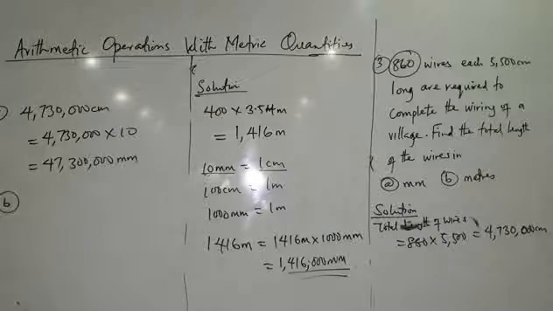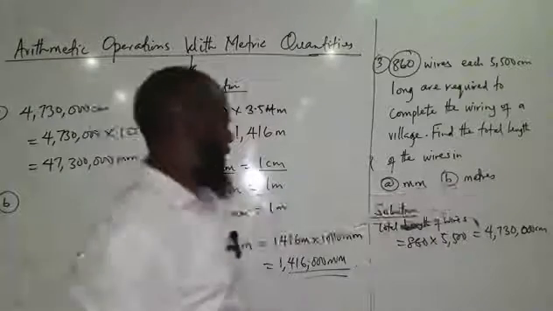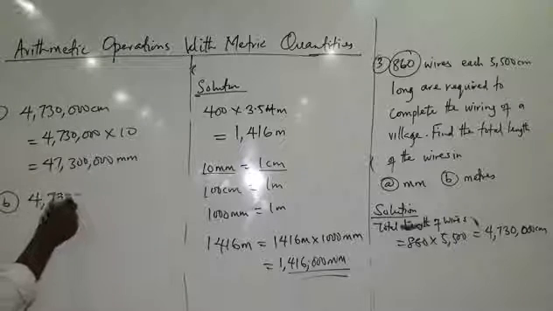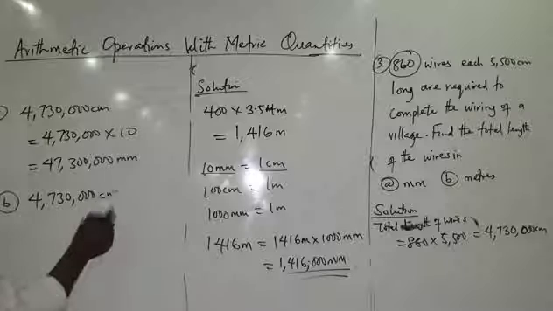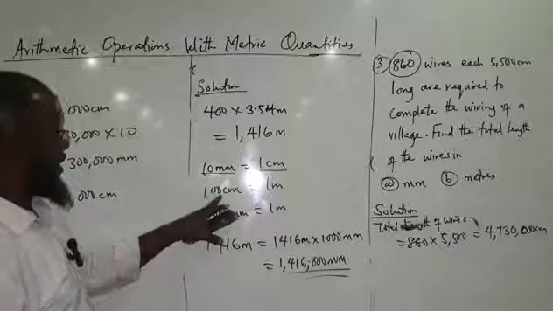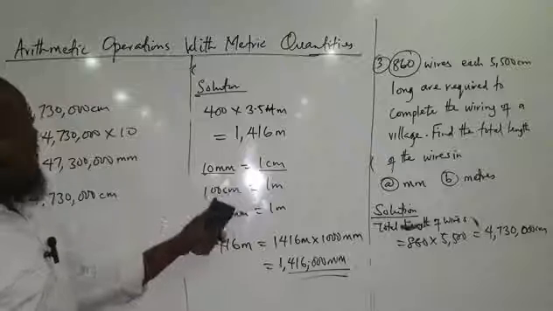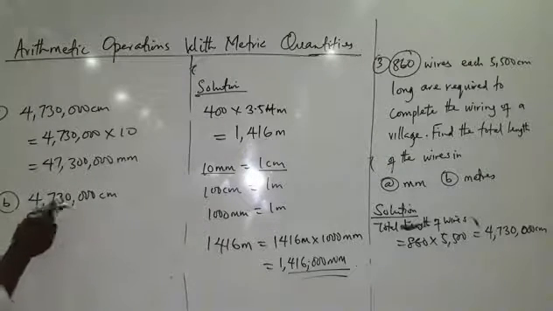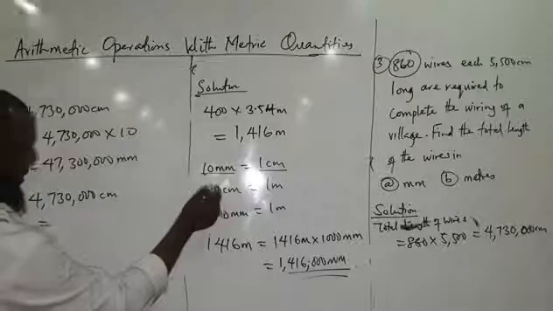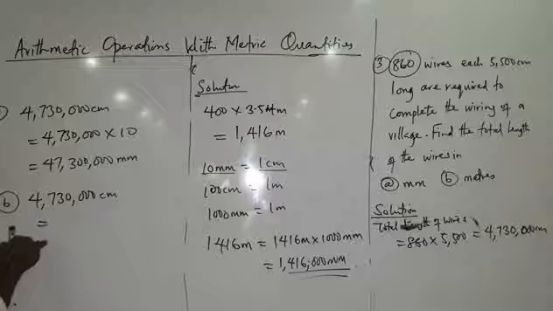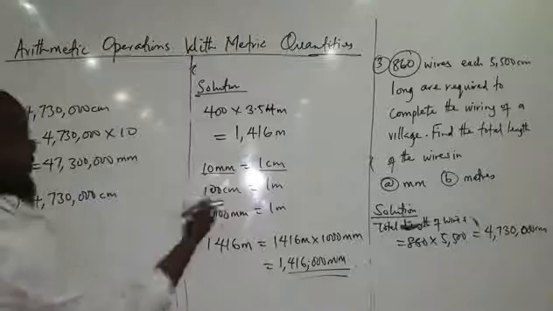For B, the question says in meters. That is, you want to convert this 4,730,000 centimeters to meters. How many centimeters make 1 meter? 100 centimeters make 1 what? Meter. So in that case, we are going to divide it by what? 100. Because we are moving from a smaller unit to a bigger unit, we divide by the conversion.